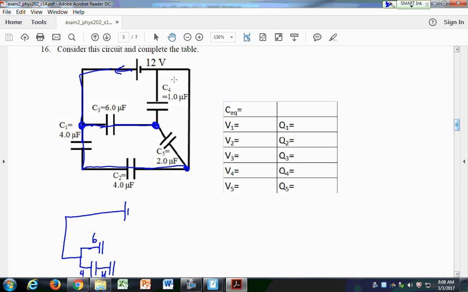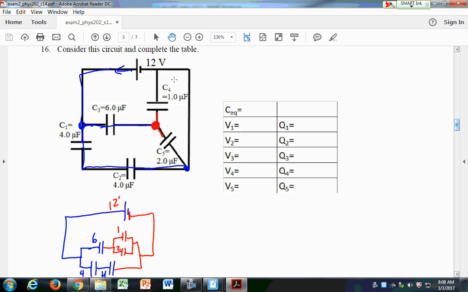However, when I come to this junction, I don't have a clear path. It splits 2 more times. I get a 1 and a 2 microfarad capacitor. Those close off, and then these all go back to the battery.